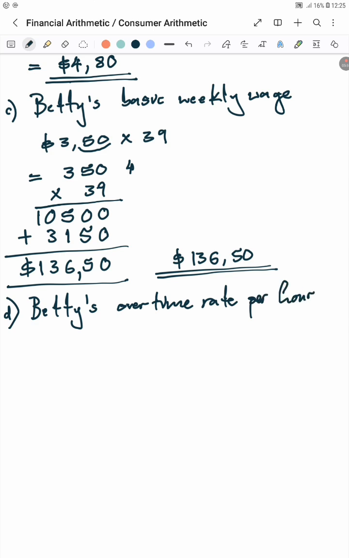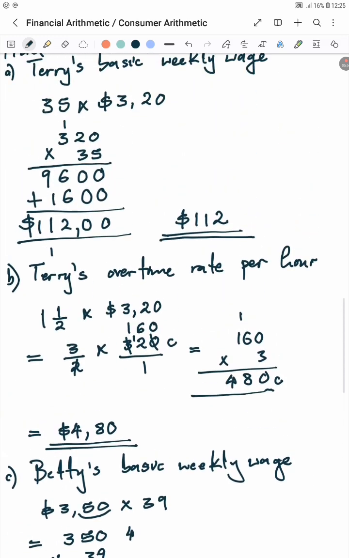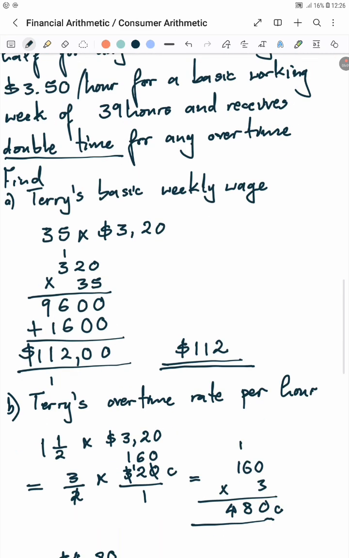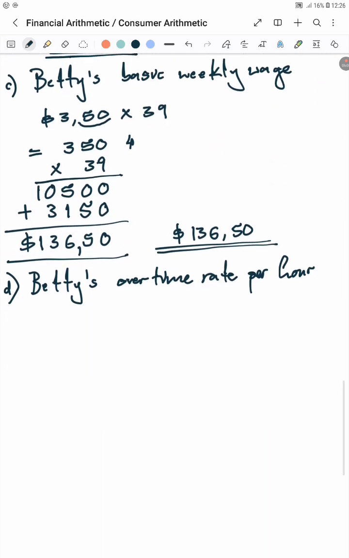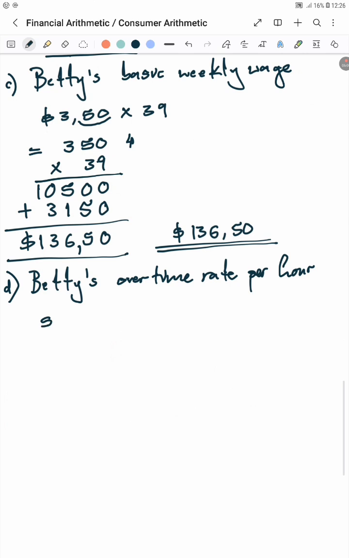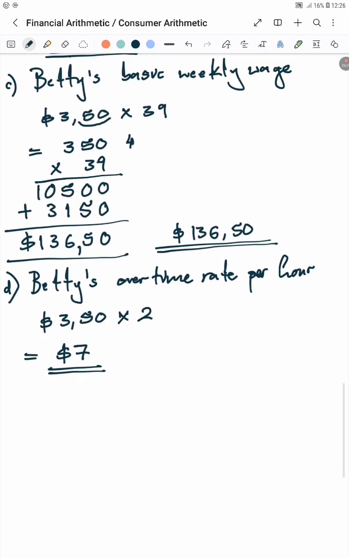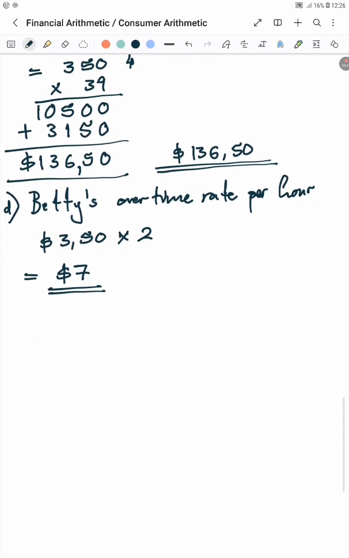So we get from the question that Betty's overtime is double time, which means we are multiplying the normal rate by 2. So the normal rate is $3.50 by 2, and you get your answer is $7. So overtime is being paid $7 per hour. Okay, and let's look at part E.